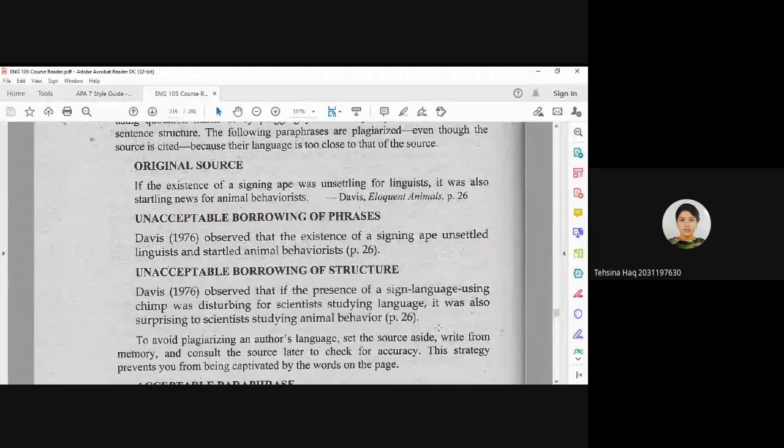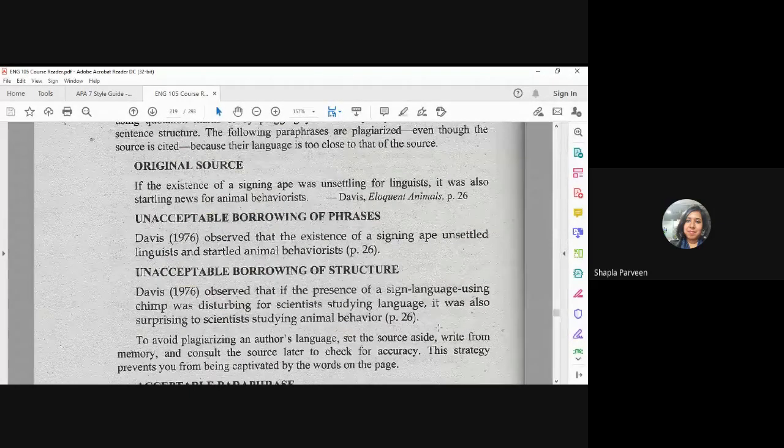It's written in passive voice. Passive voice. What about the original one? Isn't it the same? No, ma'am. Isn't it the same? Look at the sentence structure. What has been done to this one?